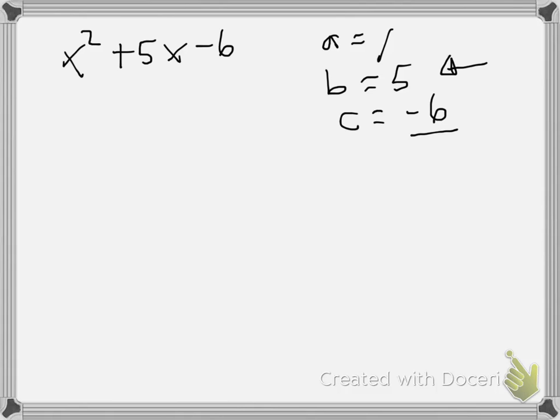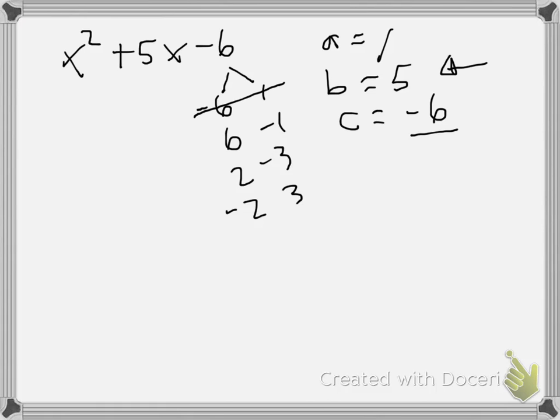So let's think of the multiples of negative 6. We have negative 6 and 1, 6 and negative 1, 2 and negative 3, negative 2 and 3. So let's go through each of these to see which ones are going to give us our correct answer. Negative 6 plus 1 equals negative 5.